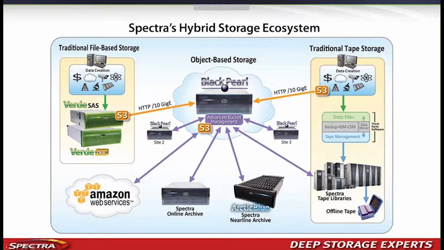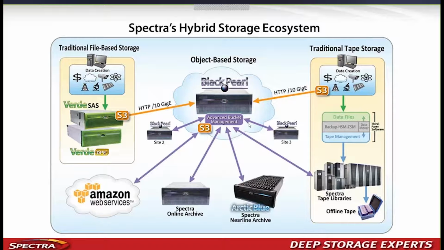This is our Verde product line. So people that just want to get data into our deep storage via a traditional file system interface can do that. But as you can see, and I'm one of the BlackPearl product managers, so I like to think that BlackPearl is the center of our universe, as the picture shows. So BlackPearl is our object-based storage gateway.